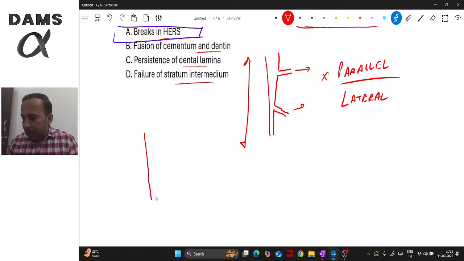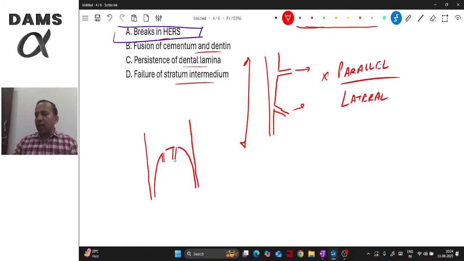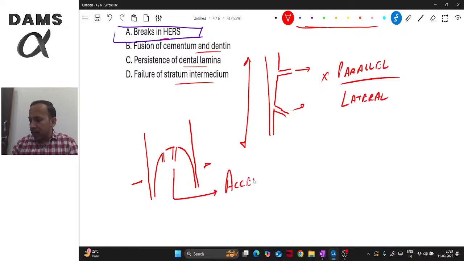Let's say this is another pulp chamber and canal, and we have these small canals which are more or less parallel to your main pulp canals. So these would be accessory canals. Is it clear?